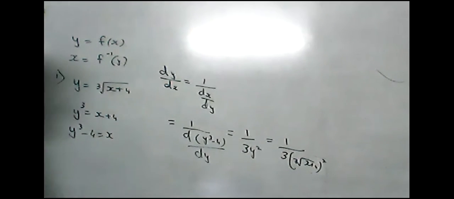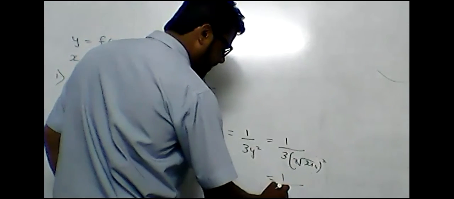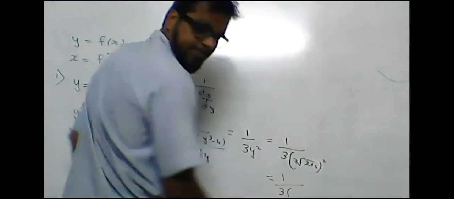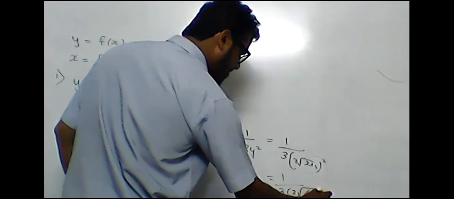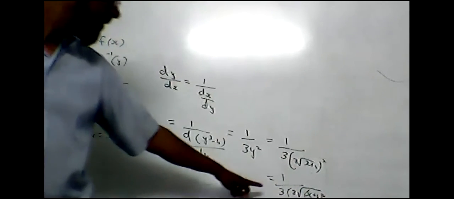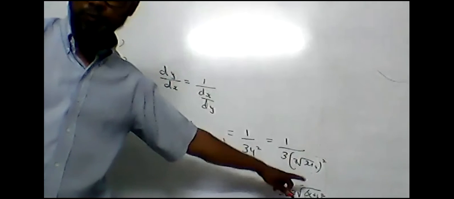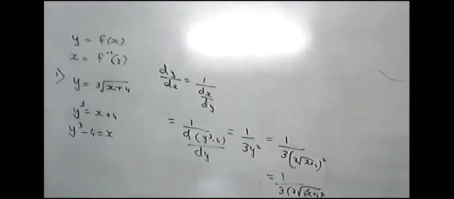So this will become, what you can do is 1 upon 3 cube root of x plus 4 square. Got it? तो ये वैसे ही है 1 upon 3 cube root of x plus 4 square करते हैं. That's the final answer.